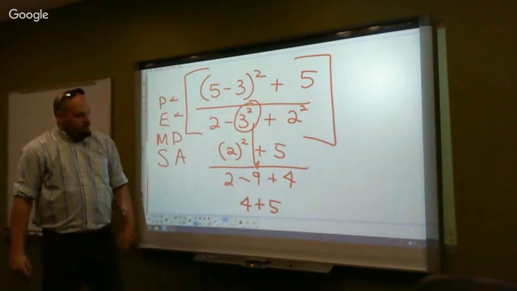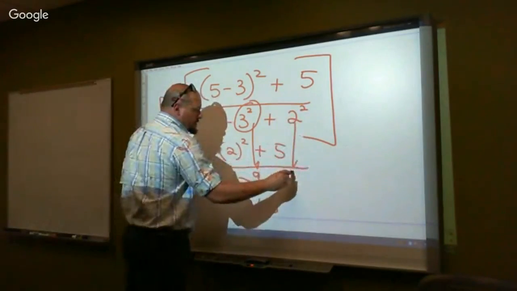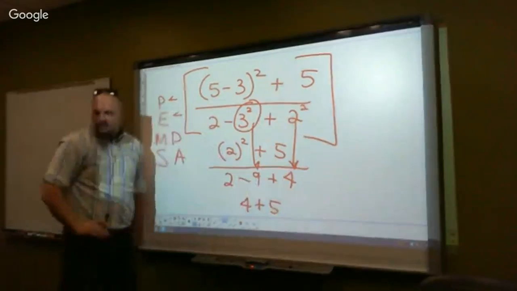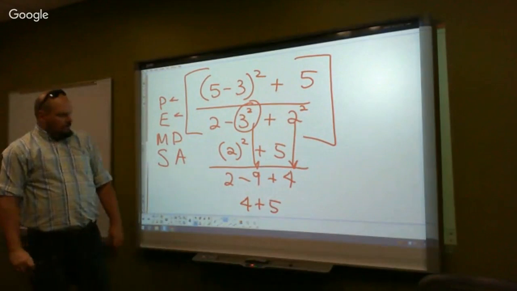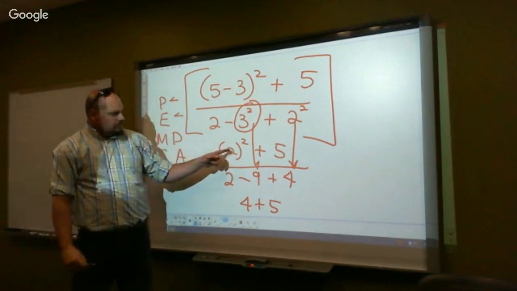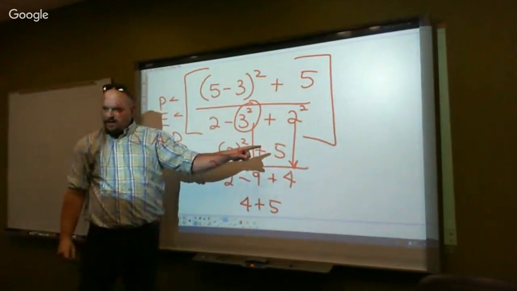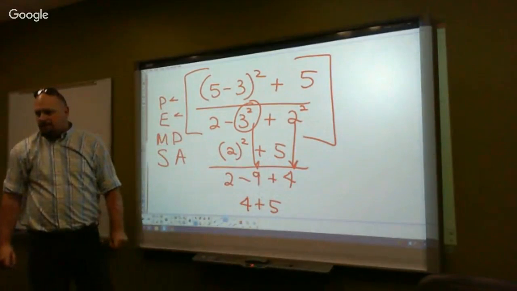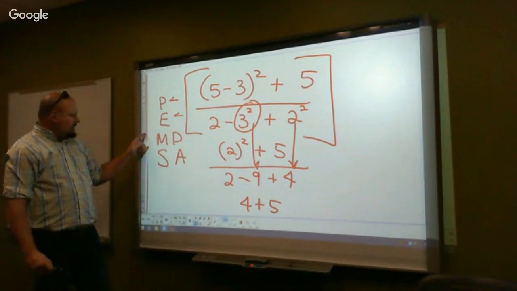So 2 minus 9, and then 2 squared comes straight down, which is 4. And you keep the signs the same, right? The signs don't change. So now we have 2 squared plus 5 as our numerator, and 2 minus 9 plus 4 as our denominator. Everybody clear with that?